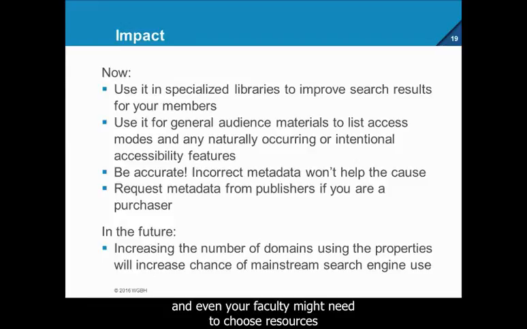And even your faculty might need to choose resources that are accessible for them or resources that are accessible for students who are enrolled in their courses. So if you're a book publisher, a book purchaser or a library, a licensor, please start asking publishers whether they can provide you with accessibility metadata about their books.